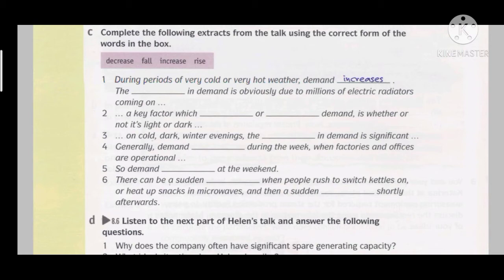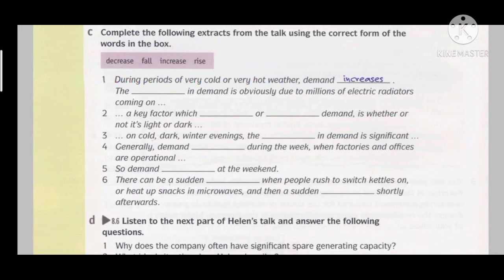Okay. Now, number 4. Generally, demand blank during the week, when factories and offices are operational. So, demand rises. الطلب بيعلى علشان الفاكتوريز بتبقى شغالة. 5.